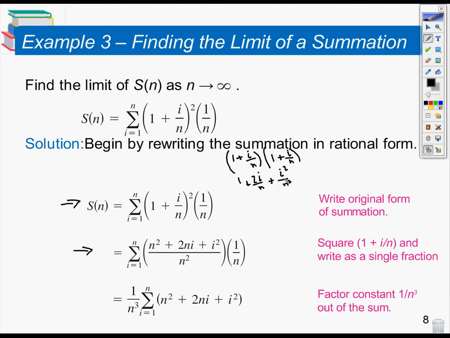Now my issue here is I don't want a whole bunch of things over different denominators. I want everything under one denominator. The common denominator between all three of these, in order for me to add the fractions, is going to be n squared. This one's fine, so I can keep that one. The middle one I have to multiply both the top and the bottom by n, so this becomes 2ni over n squared.